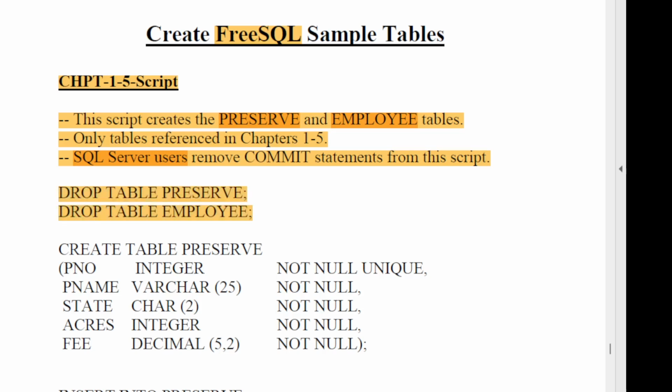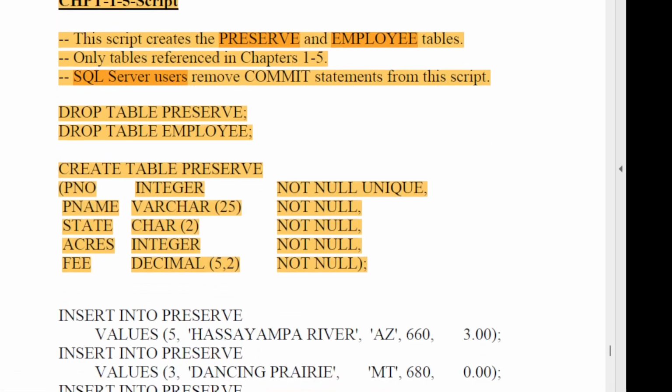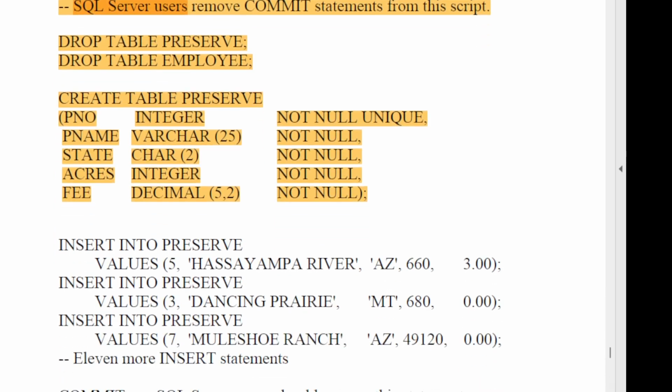Because this script is going to create two tables, preserve and employee, we're going to drop the preceding version of those tables. All right. Then we execute the create table statement for preserve, which was presented in chapter 0 of the book and was also described in a preceding video.